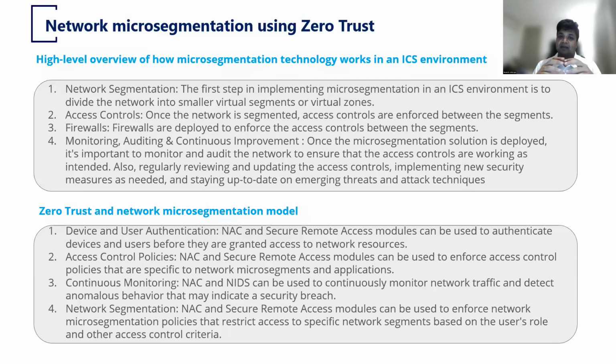All of that can also be done. And with network microsegmentation, you can restrict a specific access type. You can restrict it by time, or by location from where the user is accessing a specific asset within your OT infrastructure. So all of this can be built into the whole zero trust model, which can overlay your network microsegmentation module itself.